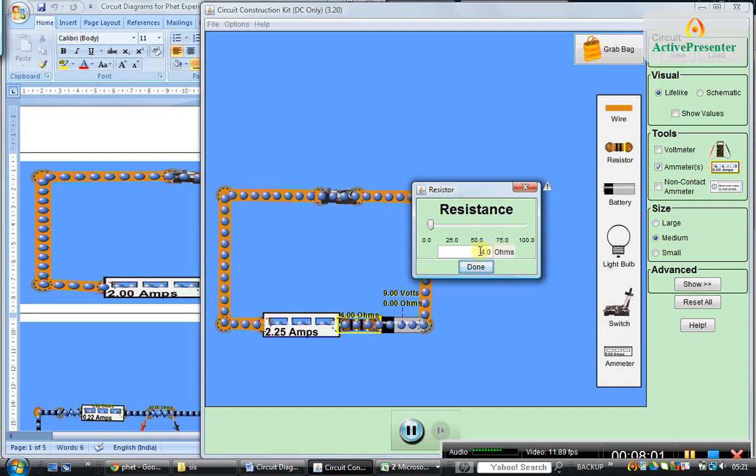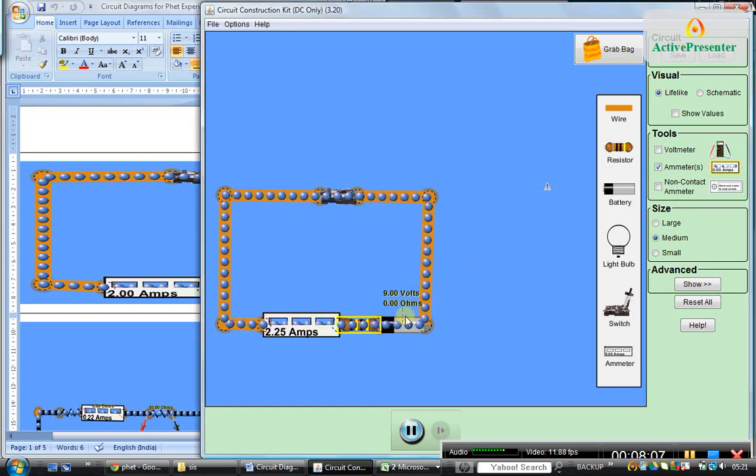So after typing the new value, press the tab key in your keyboard, so then it will register the new value. Now click on done. Now when you click on show, it is showing 4 ohms. So enter that in your observation table in the spreadsheet.